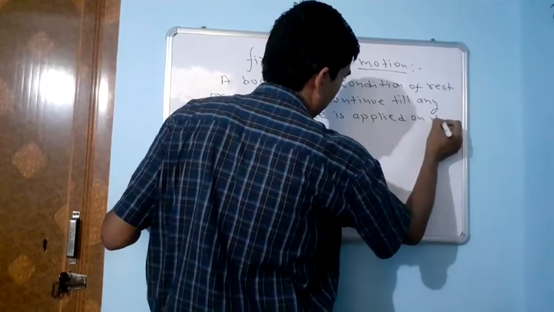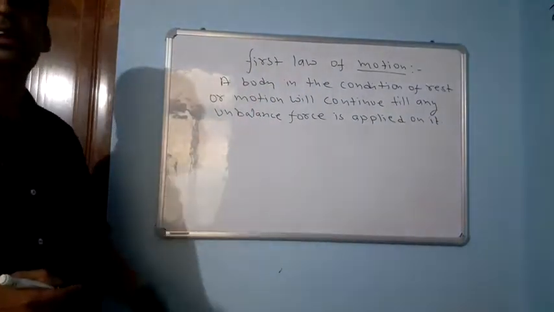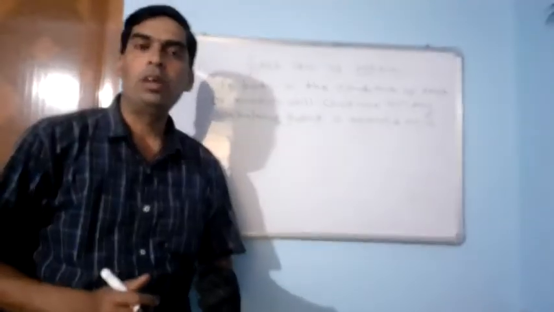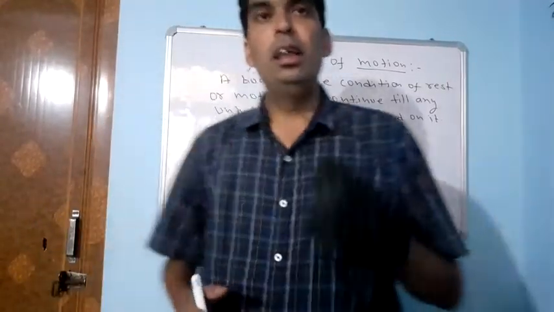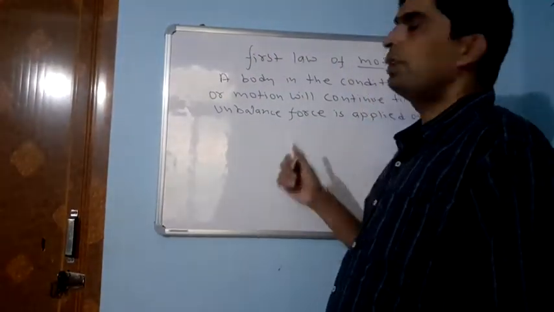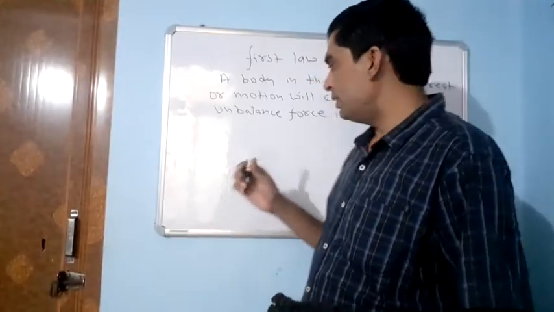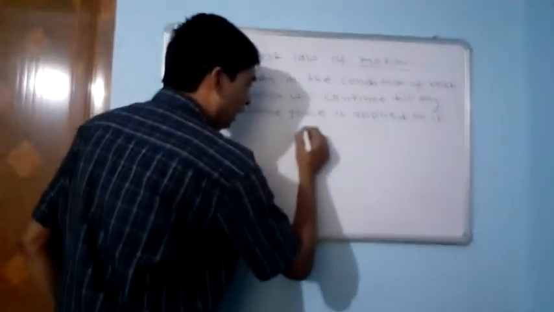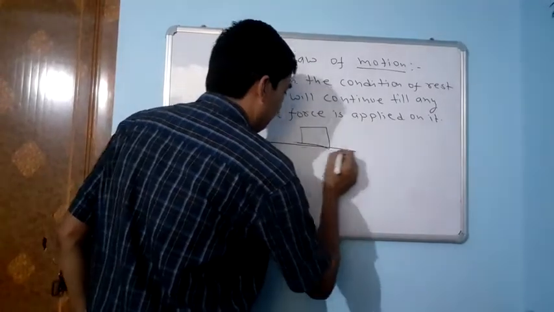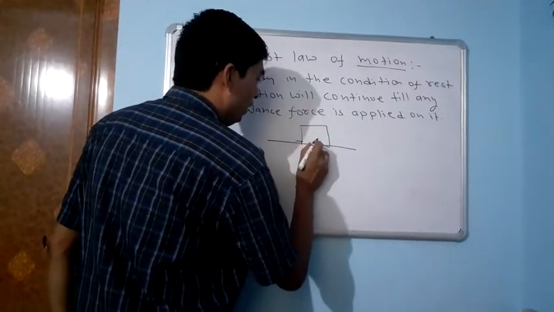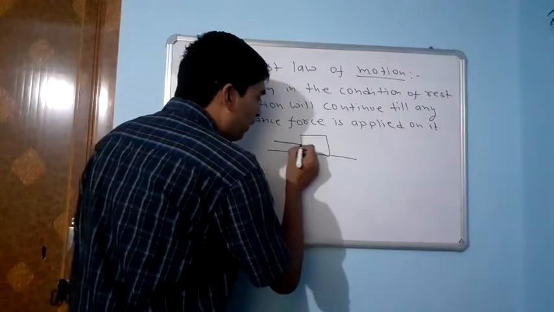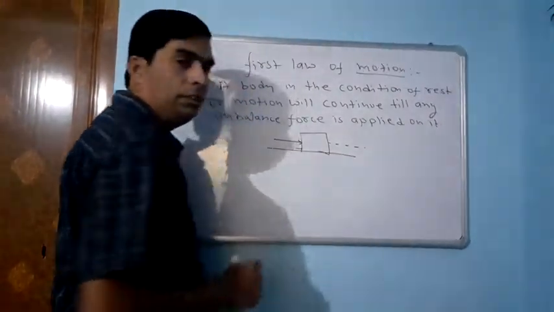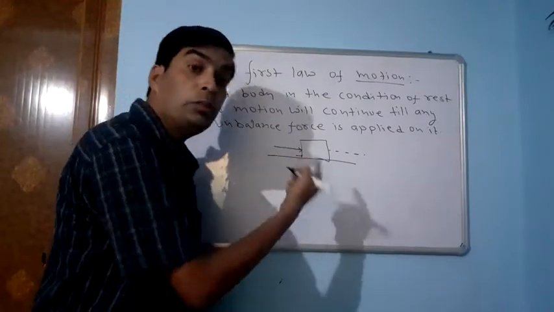Just look, it is giving the condition of inertia, that up to which level the inertia will be maintained on a body. It is till the unbalanced force is applied on it. Let this body be kept at rest. So, the body is in the condition of rest. Now, when a force is applied on it, the body will come into motion. Why is the body in motion?